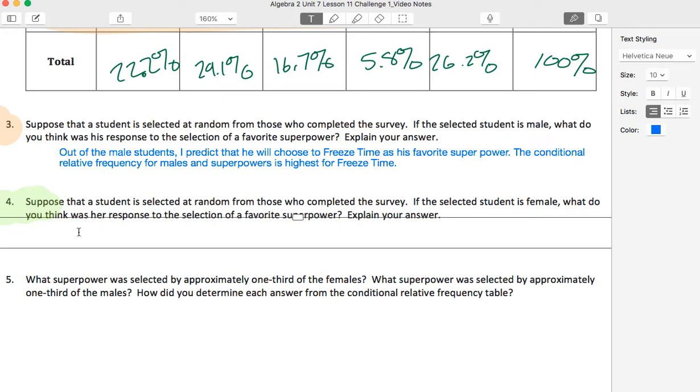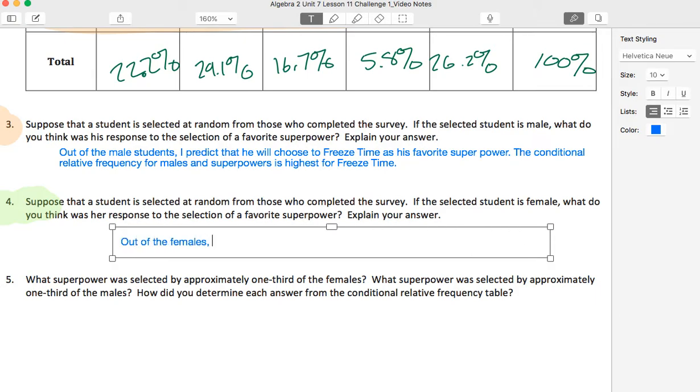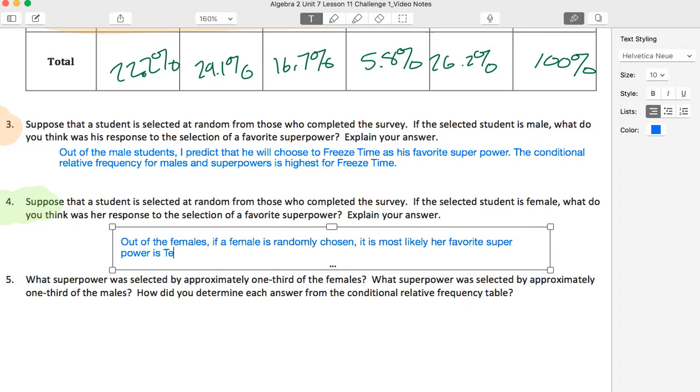Maybe we can make that association in tomorrow's video. So, out of the females, if a female is randomly chosen, it is most likely her favorite superpower is telepathy. This is because the conditional relative frequency is the highest.